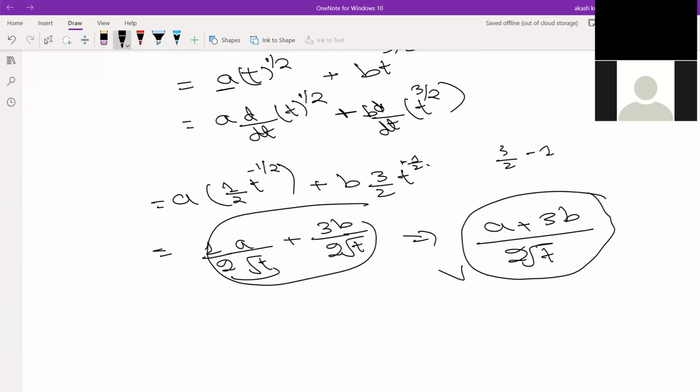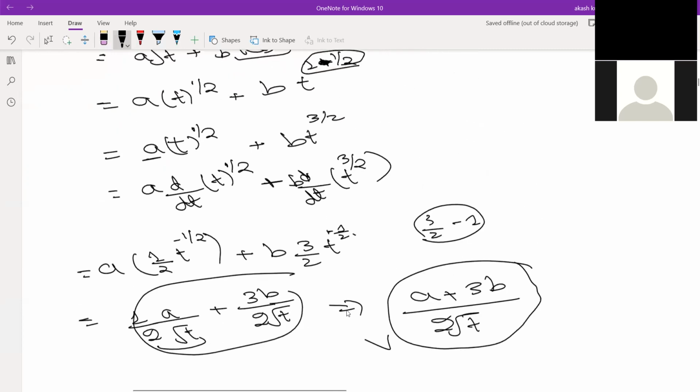Hey, we made a mistake here. We subtract 3 over 2 with minus 1, it will be half. Let me just correct it. I'm sorry about it.